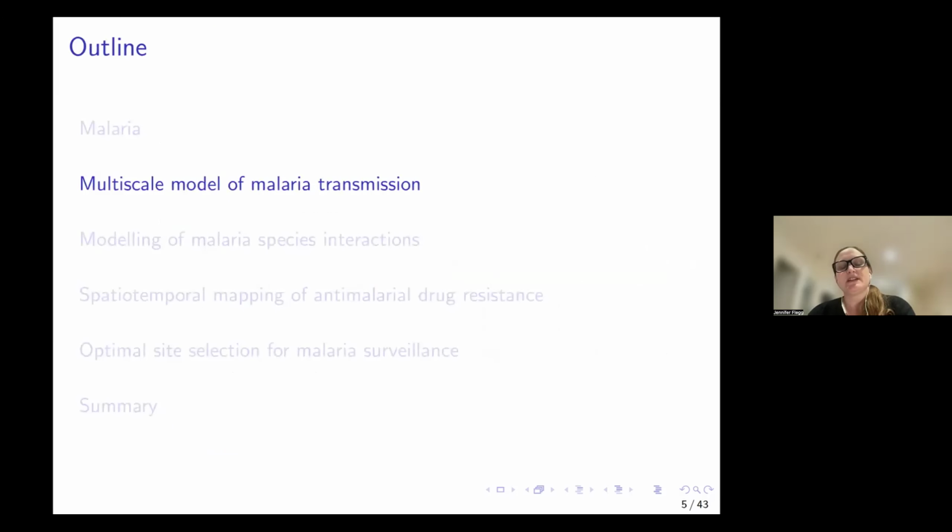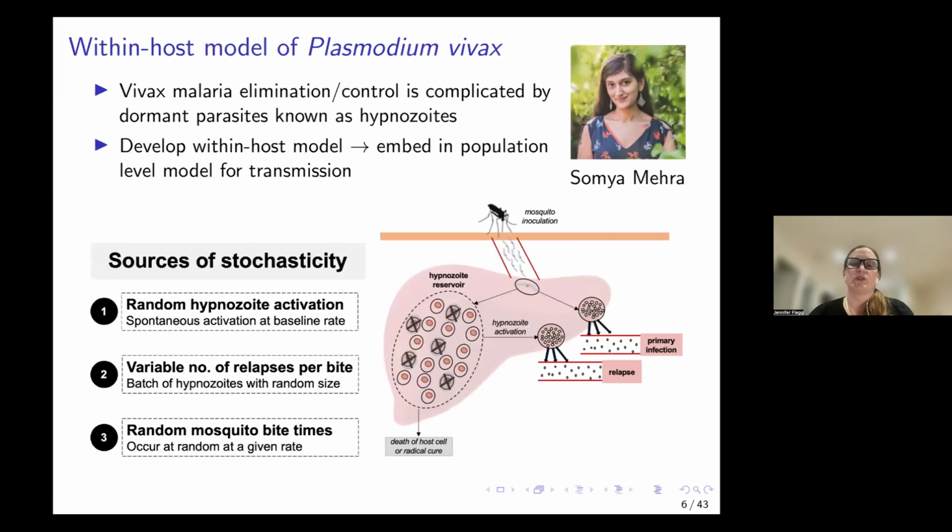So yeah, the first modeling that I'll talk about is a multi-scale modeling of malaria transmission, and this is for Vivax malaria only. The reason it's for Vivax malaria is that it focuses on trying to capture these hypnozoites that can sleep in the liver. So we wanted to build a within-host model of Plasmodium vivax.